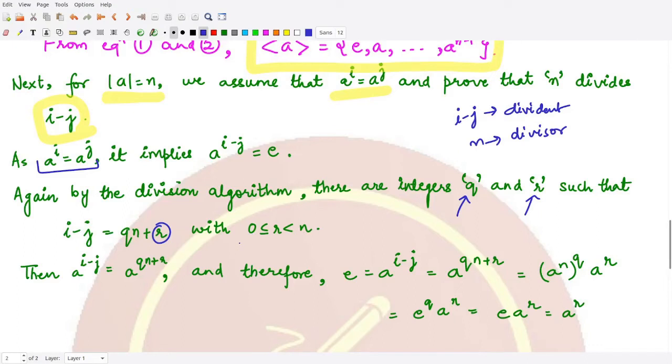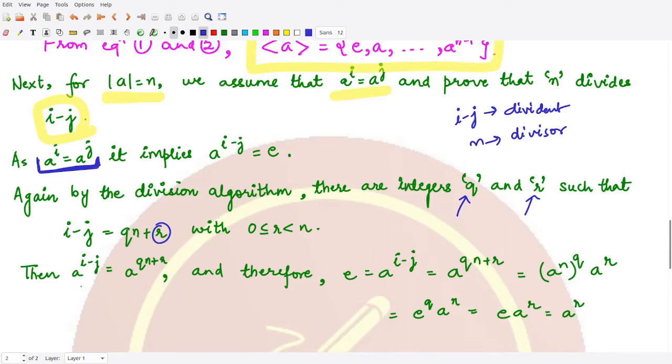The remainder could also be 0. So basically we assumed this and we wanted to prove that i minus j is divisible by n. For i minus j to be divisible by n, this r should be 0, right?